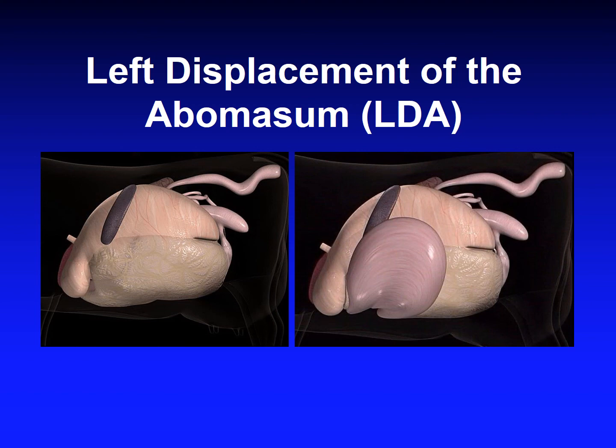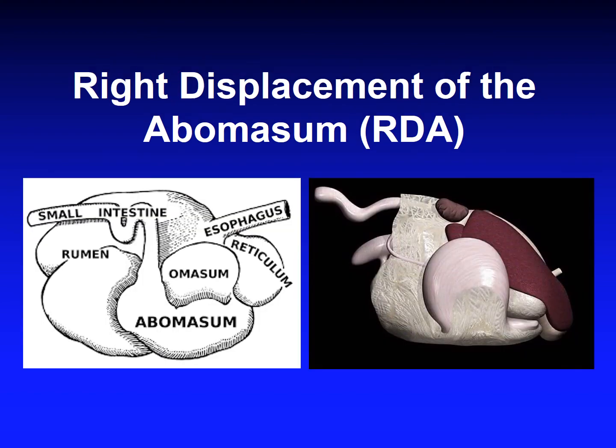The next is the right displacement. Again, I mentioned that the abomasum, as shown in the left-hand side picture, is located on the right-hand side on the abdominal wall ventrally. Sometimes it moves above the omasum, again on the right-hand side.